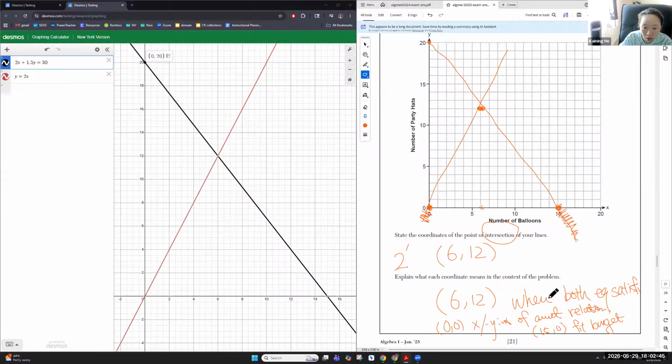But you can also mention 0 comma 20 also fits the budget. These are 2 extreme cases where everything fits the budget, but that's not a nice number. Only 6 comma 12 is when it satisfies both. The amount is good and also the budget is good.